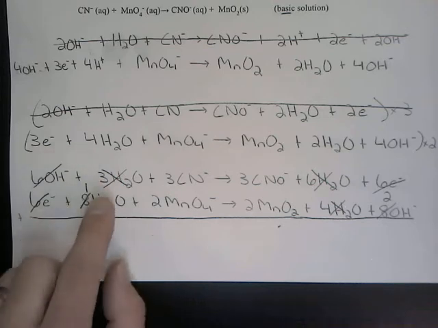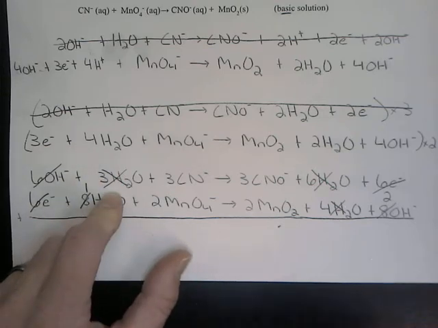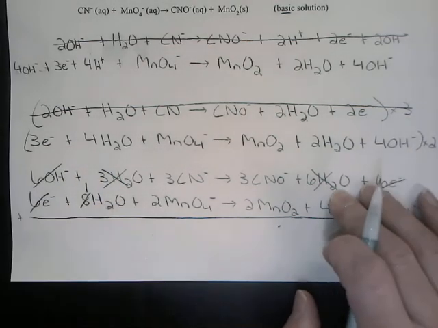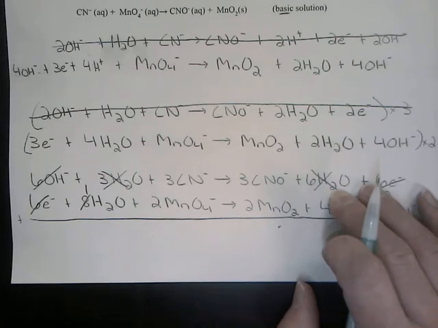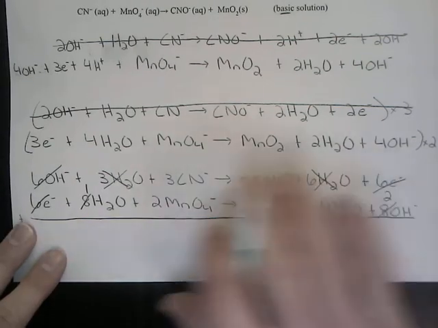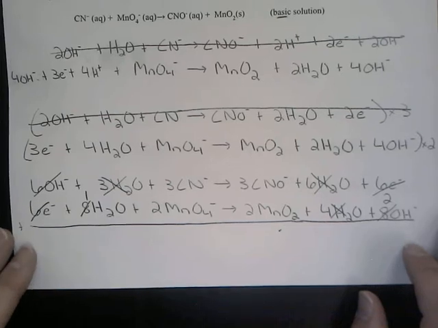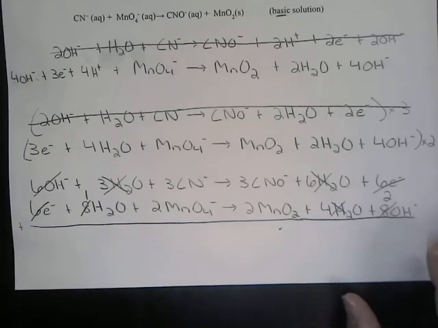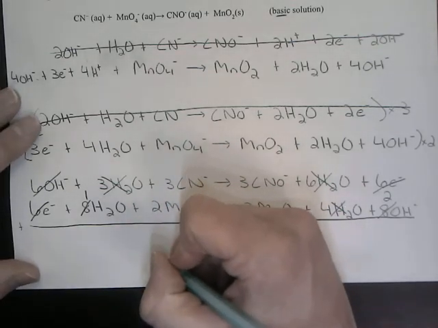Again, that's because we had 11 H2Os on this side and we had 10 H2Os on the right-hand side. So we double check to make sure there's nothing else that can be canceled out. And we go ahead and we add our equation to solve this. So we end up with this.